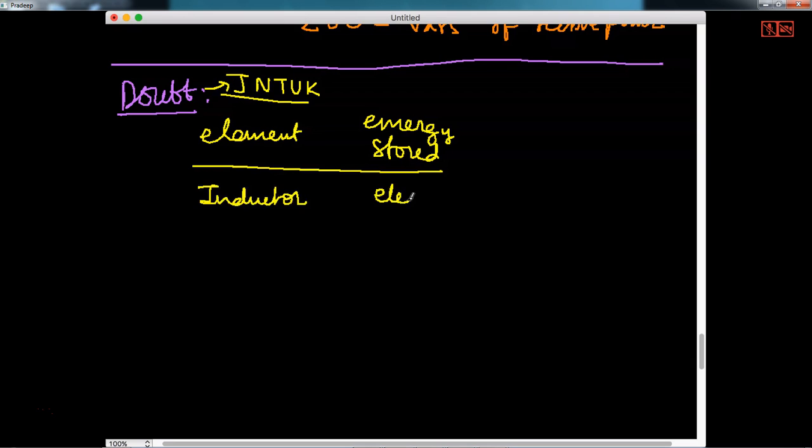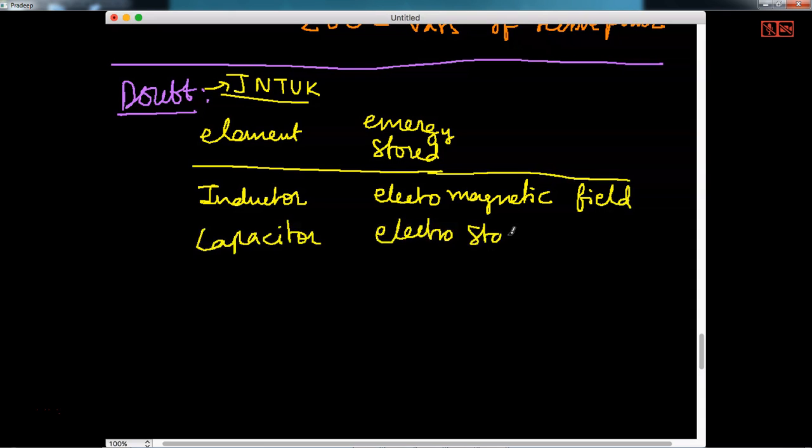Electromagnetic field. Another is the capacitor. The energy stored is in the electrostatic field.